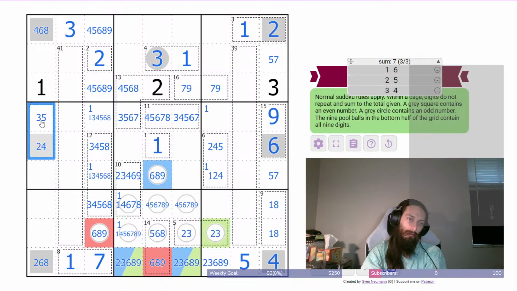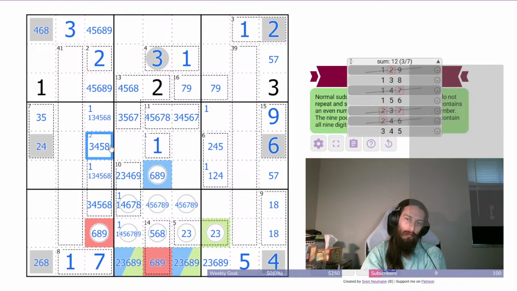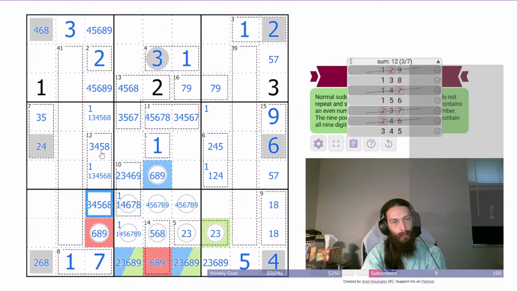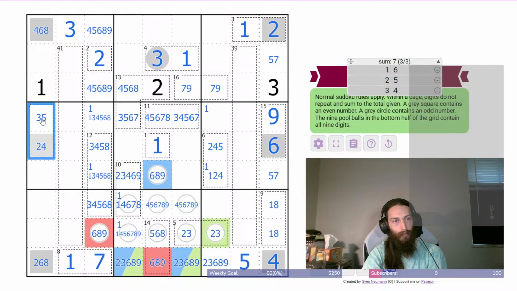It would have to be 2 and 5. But you can have 1, 5, 6, which places a 5 here, which would make that 3 and 4, but that would be 1 and 6. If it was 3, 4, 5, you have your 5 out here, and your 3, 4 here, and that would be 2 and 5.